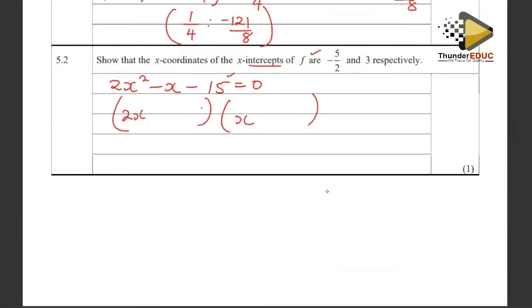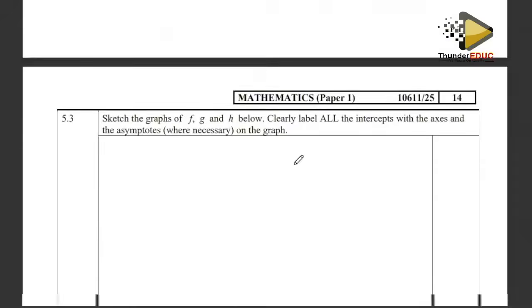So where am I putting the 5? I can put it here. Can put my 3 there. Is it going to make sense? Okay, I can put a negative, can put a positive, because that's going to be a 6 and then a 5, which gives me a negative. Perfect. So meaning that x is going to be -5/2, or x is going to be a 3. That's all they needed. Sure. For 1 mark. All right.